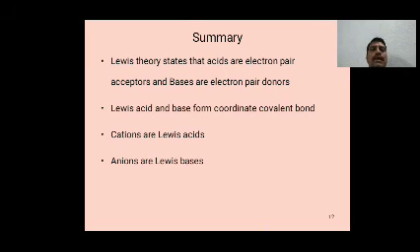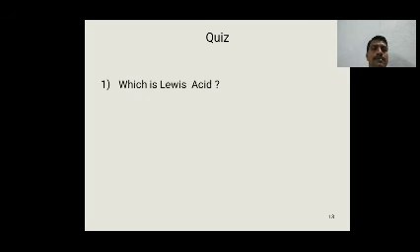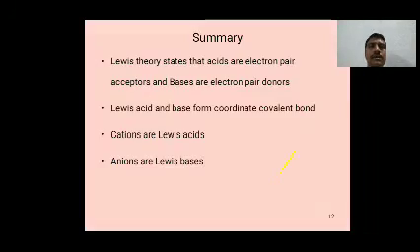Cations are Lewis acids, anions are Lewis bases. This theory explains a coordinate covalent bond formed by the transfer of a pair of electrons from one substance to another.